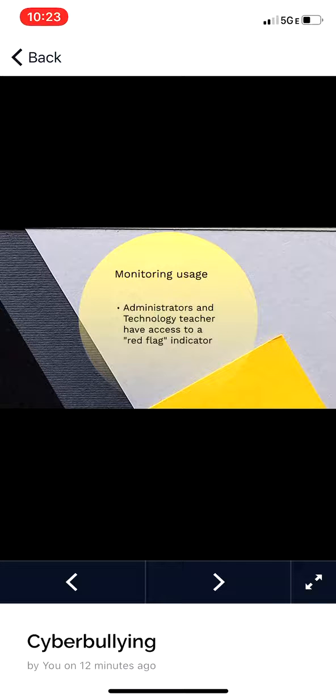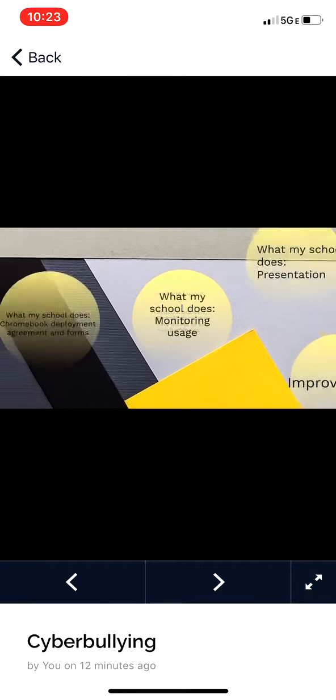That's actually something that has happened with my students last year. We had to go through a whole series of things where the Chromebooks had to be taken away and we had to investigate what was happening so we could make sure everybody in the classroom was safe.